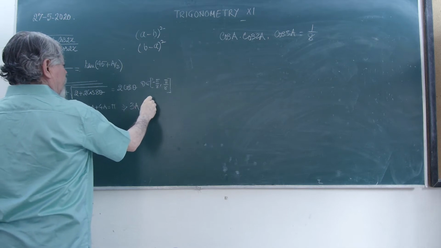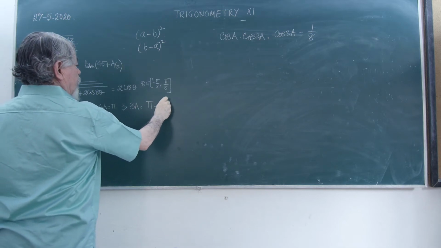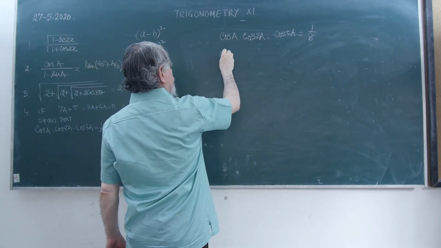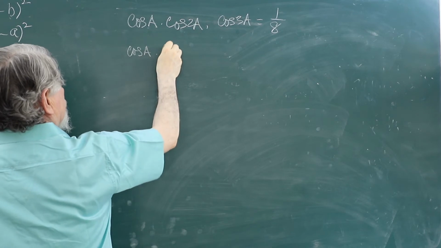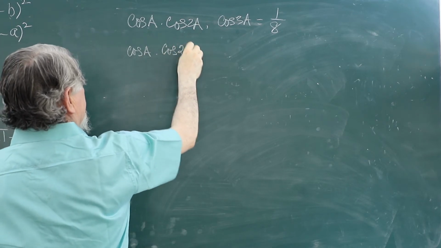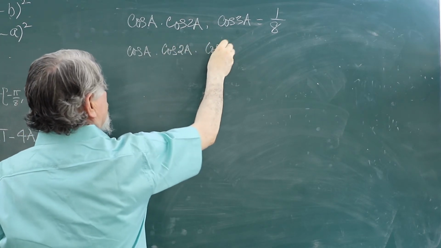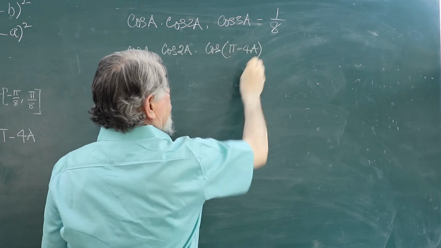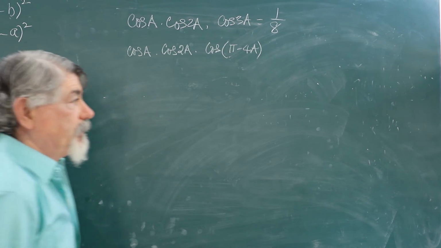We'll write cos a, cos 2a. It will be cos pi minus 4a. Now cos pi minus theta.